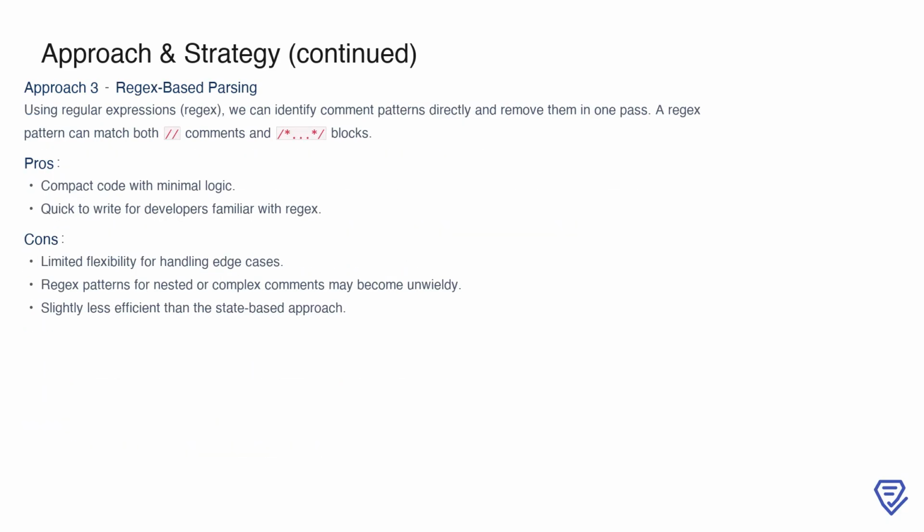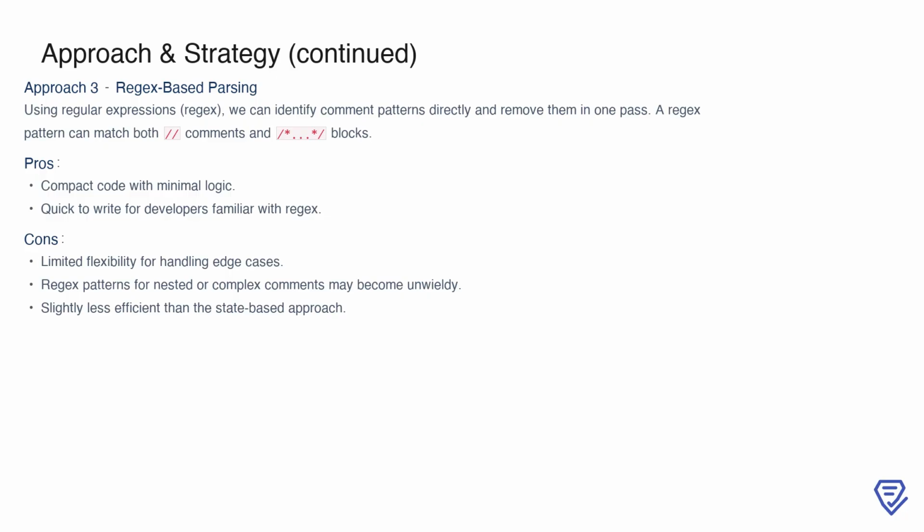An alternative approach involves using regular expressions to parse and remove comments. With regex, we can define patterns that match both single-line comments and multi-line comment blocks. This makes the code compact and straightforward, particularly for developers who are familiar with regex. However, regex-based solutions come with their own set of limitations.